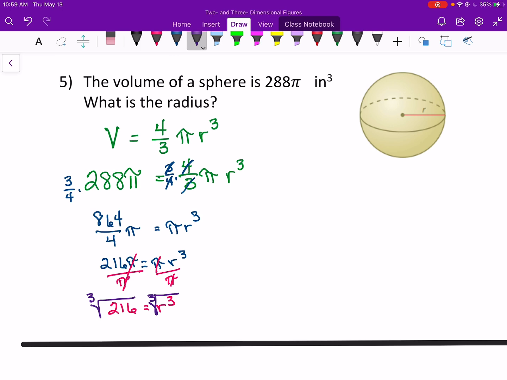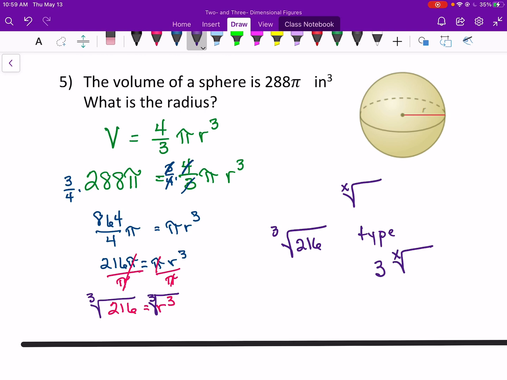Okay. On my calculators, you will see a button that looks like this. To type the cube root of 216, what we type on my calculators, I type in the 3, then this button.